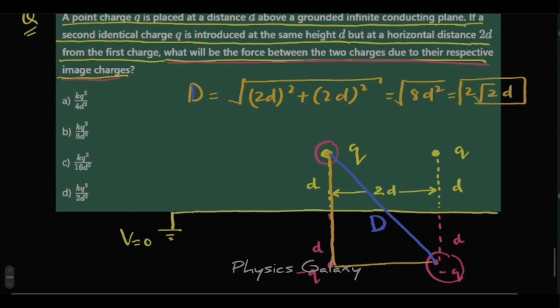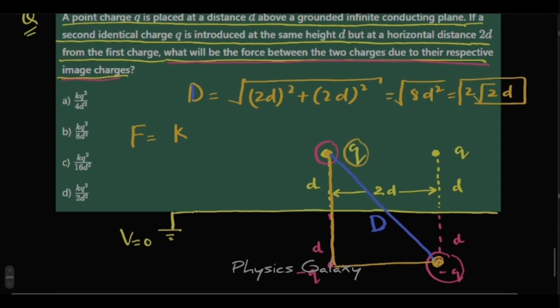Now what will be the force? The force will be given by k times the product of the charges. Because we have to find the magnitude, we will not include the minus sign.